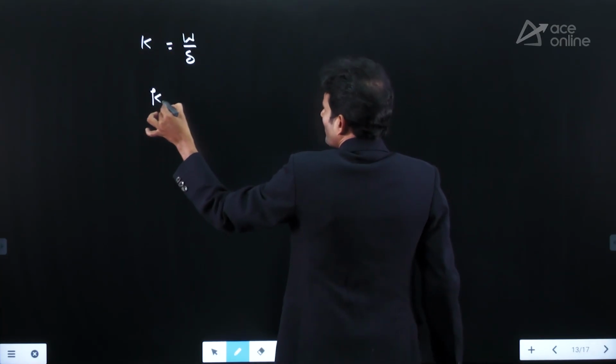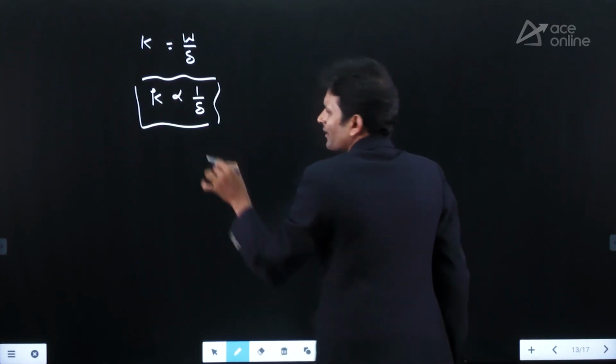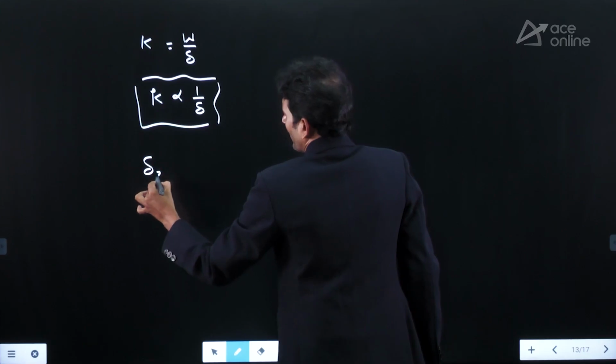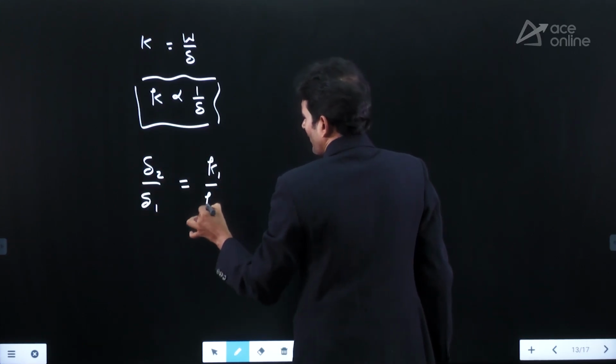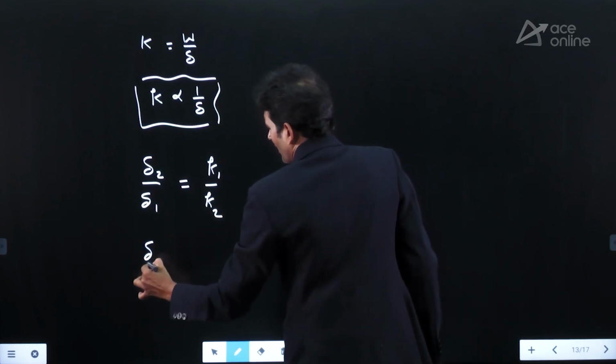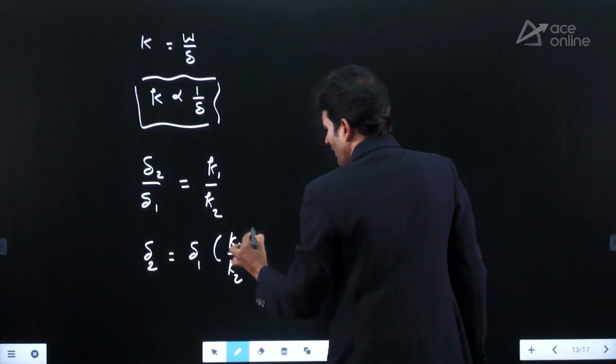As we know, stiffness of the spring is inversely proportional to del. You can use this condition. Del 2 divided by del 1 equal to K1 divided by K2. We require del 2. Del 2 equal to del 1 into K1 divided by K2.